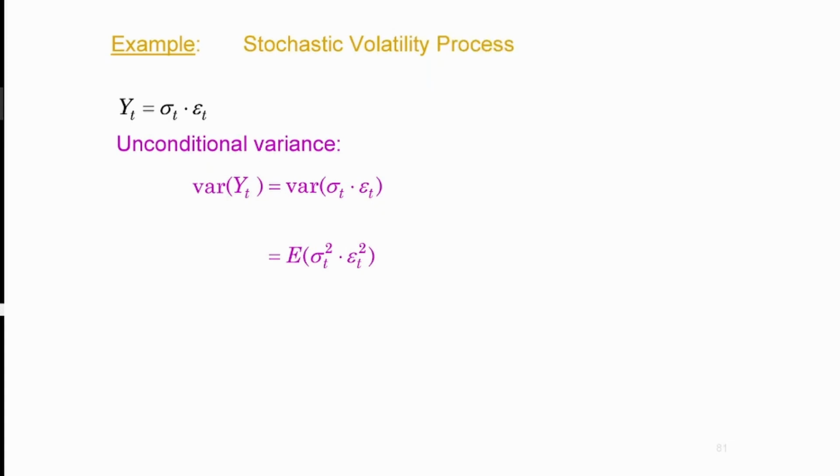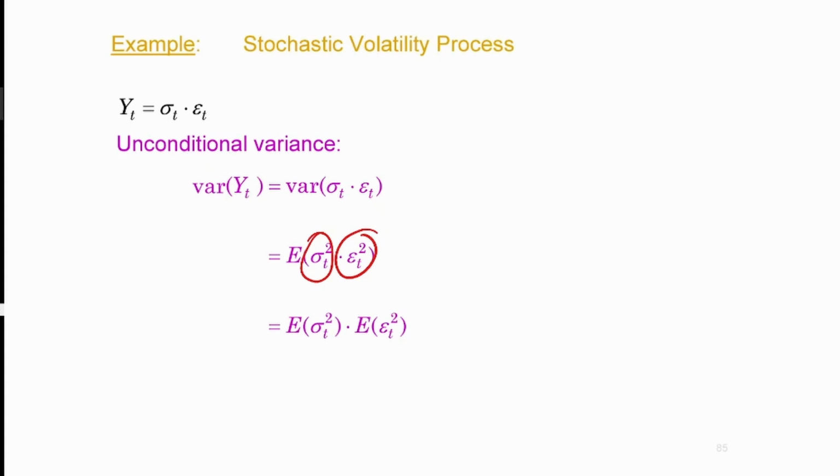Anyway, the expectation of the product is the product of the expectations because the processes that are involved do not correlate with each other. In particular, the current observation of the noise has nothing to do with the current observation of sigma, as I mentioned before. The current observation of sigma can depend on past observations of the noise. That is possible.